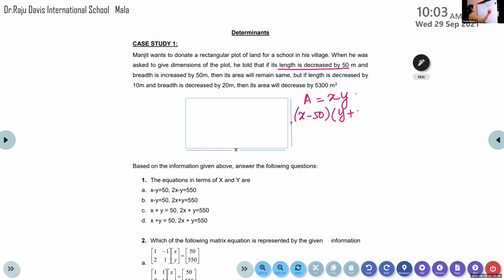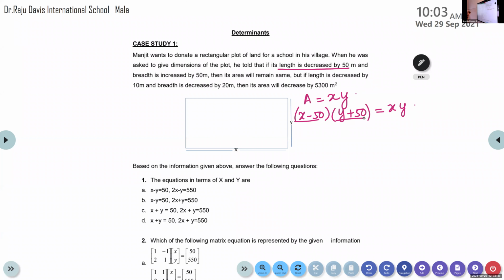Length is decreased and breadth is increased. So what is the new length? x minus 50. And what is the new breadth? y plus 50. Area remains same. What is the area? Length into breadth. Is it correct?